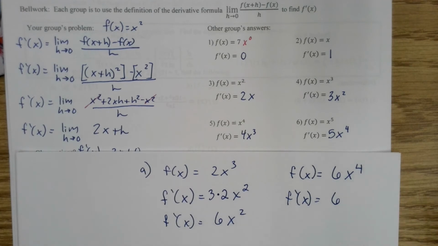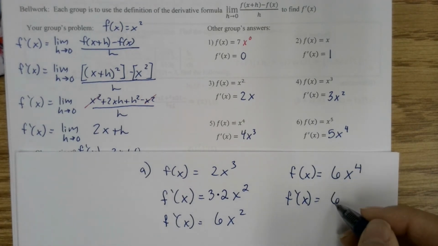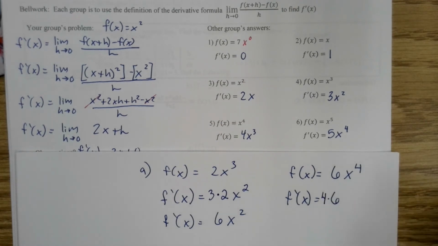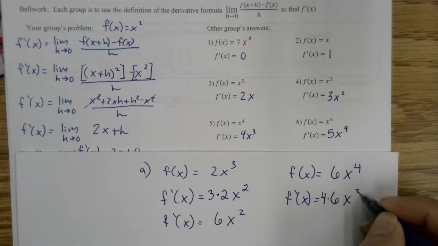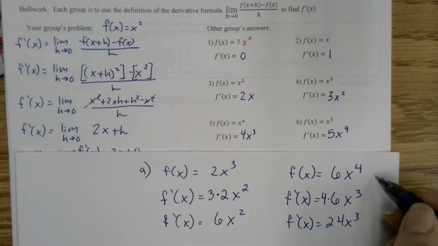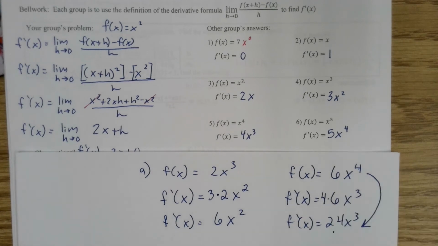So you can also consider that that's what's happening behind the scenes here. So the 6 carries down, the 4 comes out to the front as another coefficient, and my power drops down to an x cubed. So this cleans up to 24x cubed. And by all means, if you want to hop over that step and multiply 4 times 6 just to get 24, that is absolutely fine.